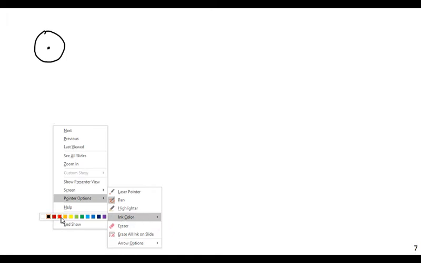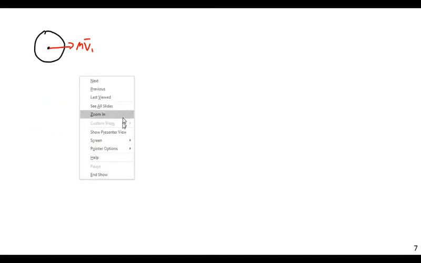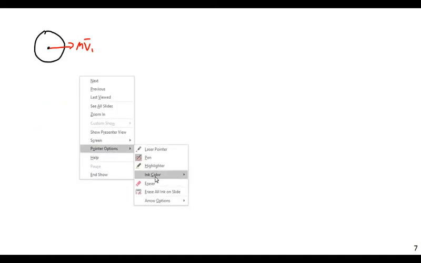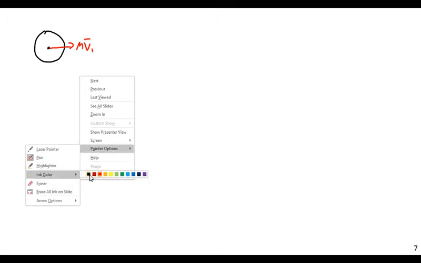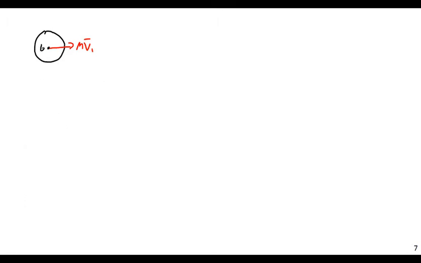I have my center of gravity here, and the initial linear momentum is going to be m v bar 1. And I'm going to label 2 points, G and C. G will be the center of gravity, and C will be the point of contact.